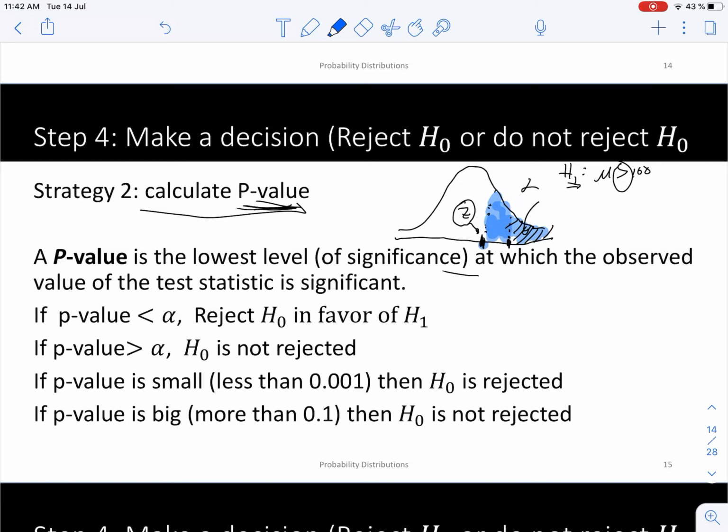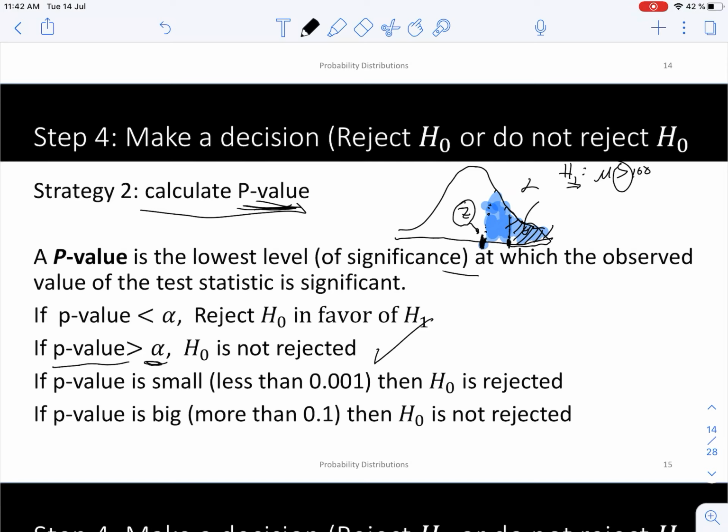If you notice, the shaded area, the p-value, in this case the area to the right of our test statistic, is greater than the rejection area, because the rejection area is only this portion here. So our blue area is bigger than that. Then the decision: if the p-value is greater than alpha, like in this case, we do not reject the null hypothesis, and it makes sense because we are not in the rejection region.